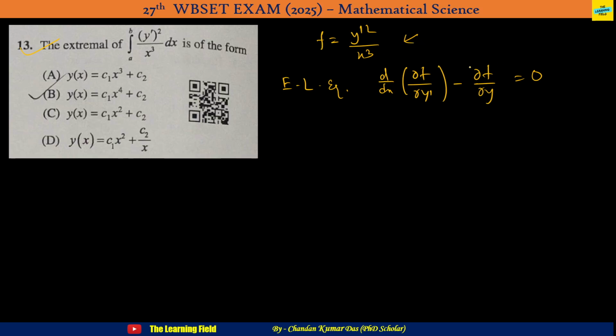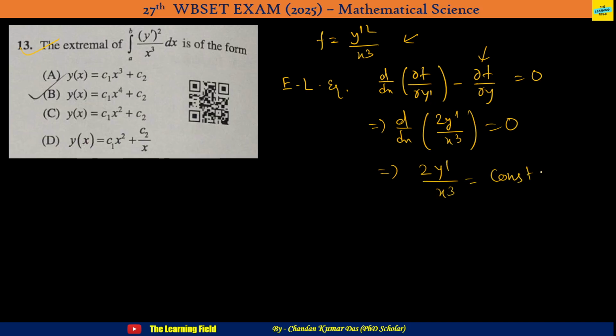No term in y is given, therefore this term vanishes. That means d/dx of ∂f/∂y', which is 2y'/x³, is equal to 0. And this differentiation being 0 means 2y'/x³ is equal to a constant.